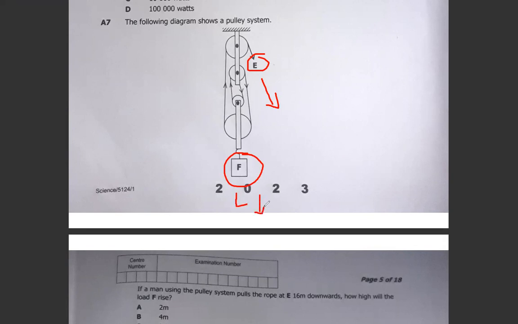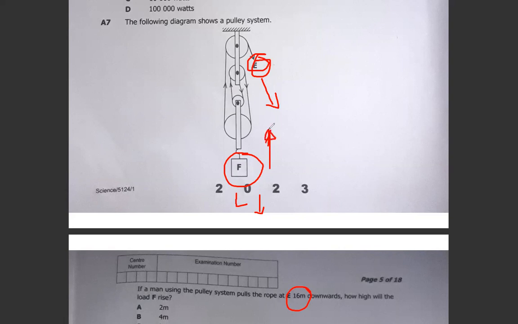It says that if the man using the pulley pulls on the rope at point E with a downward force, and the rope moves 16 meters downward, how high will the load F be raised?